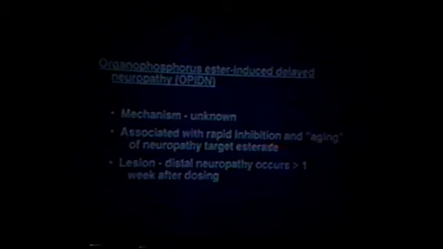And if that's of a certain extent, this compound will produce the neuropathy. Other organophosphates don't produce this effect, and they don't produce the dying back, the delayed neuropathy. So not all organophosphates will produce this lesion. But a week or more after dosing, in the single dose, you get this distal neuropathy, which develops. Next.